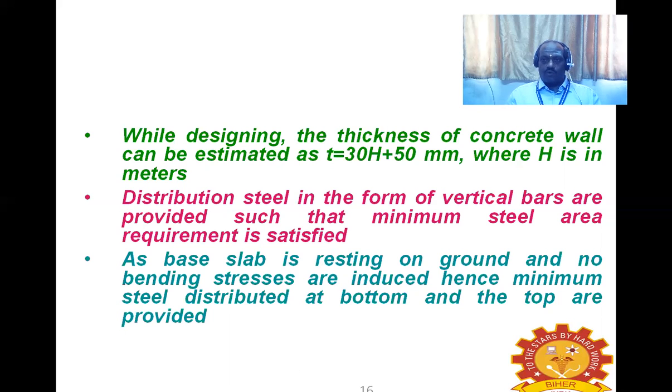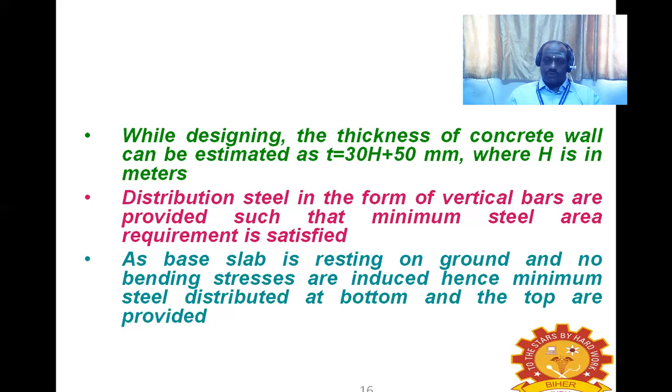That is what we are going to calculate for the vertical reinforcement, which is actually required to maintain the hoop bars in position. As the base slab is resting on the ground, there won't be any bending stresses induced, and hence the base slab can also be provided with the minimum steel required.